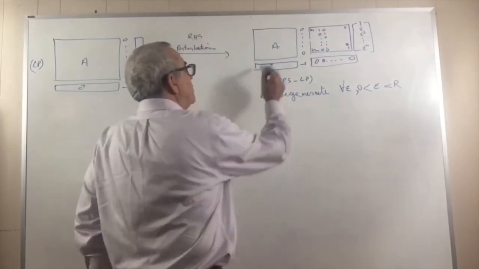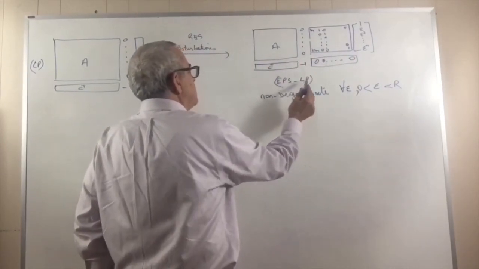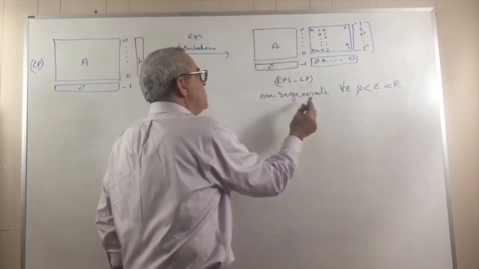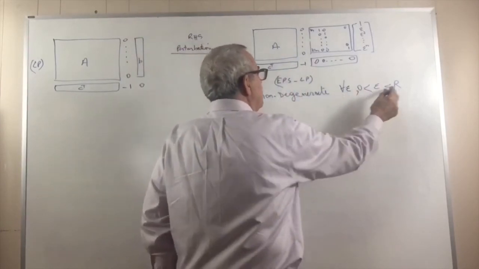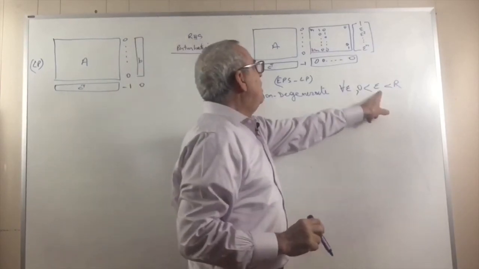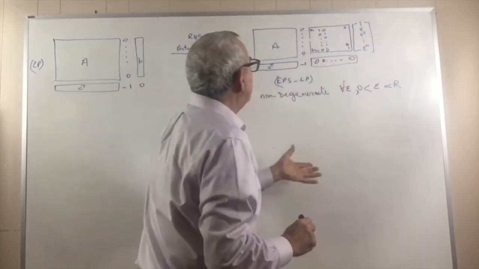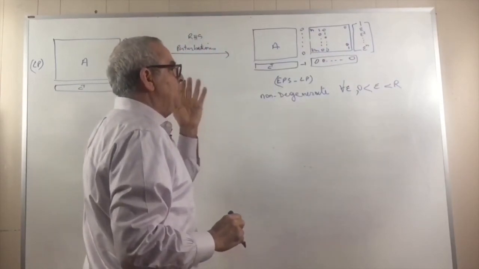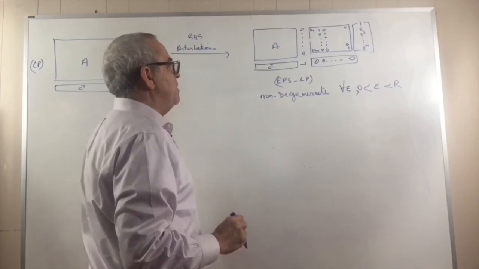This linear program we called the epsilon LP, and we just proved that this system is non-degenerate for every epsilon between some number r and 0. So if I pick any epsilon and plug it in here, I'm going to get a linear program that's non-degenerate, which means that the simplex algorithm will terminate in a finite number of steps.